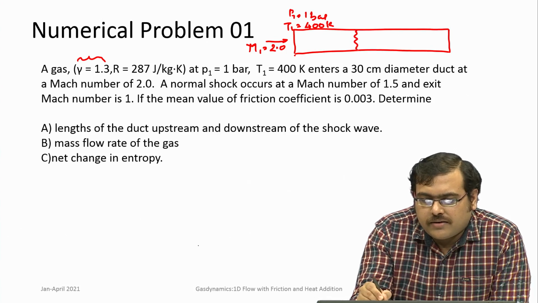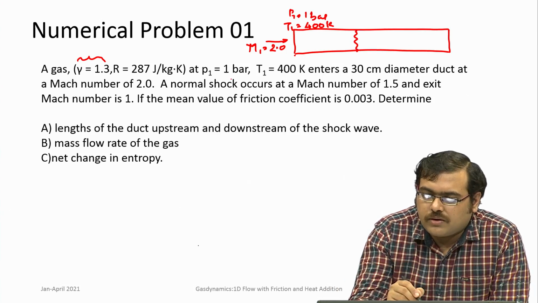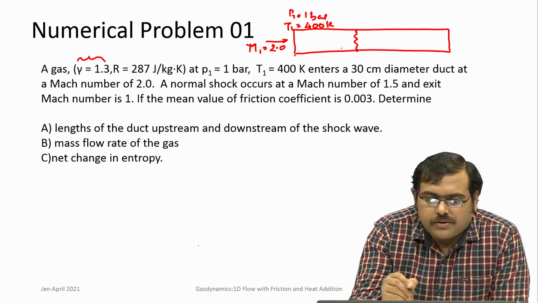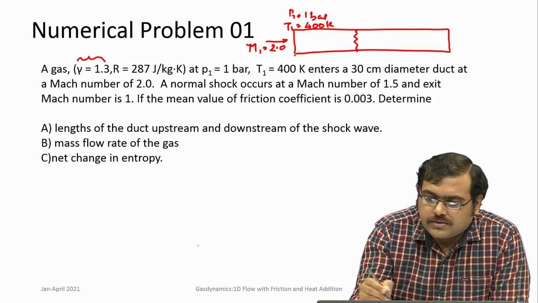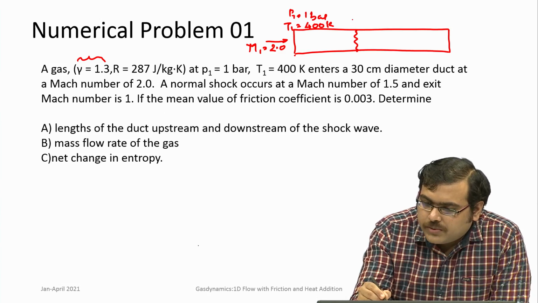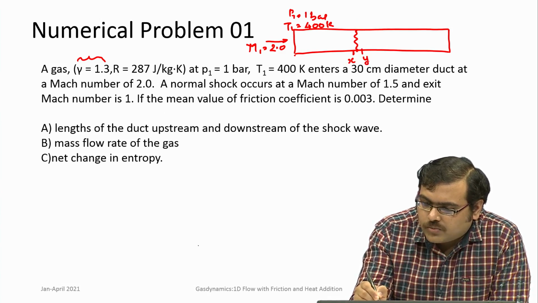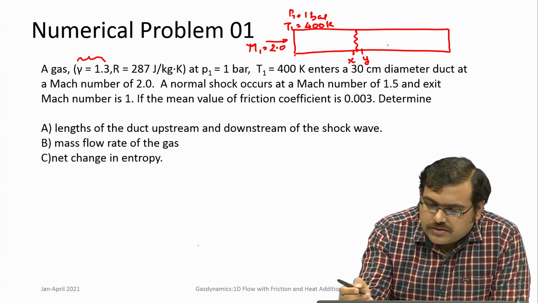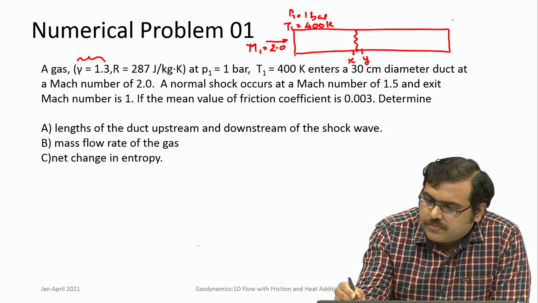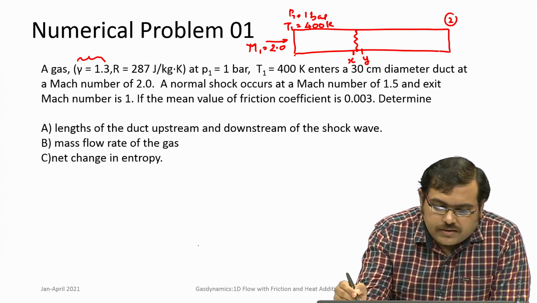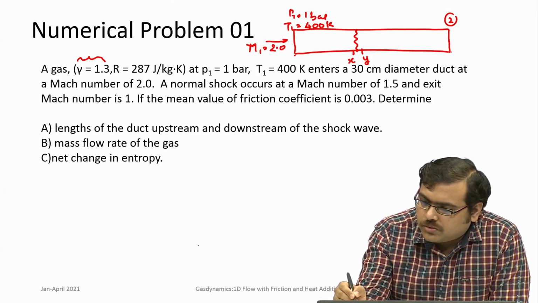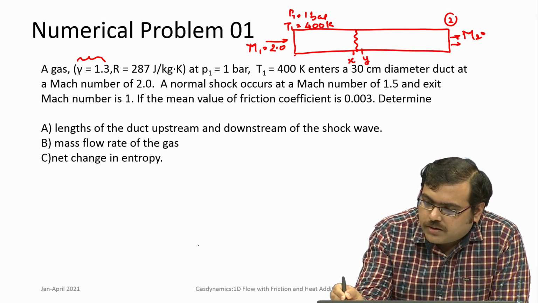Somewhere in the duct, we do not know the location in terms of length, but we know the Mach number is 1.5 at which the shock occurs. Let us call this place x, and after the shock y, and what is known is that at the exit, location 2, the Mach number M2 is equal to 1.